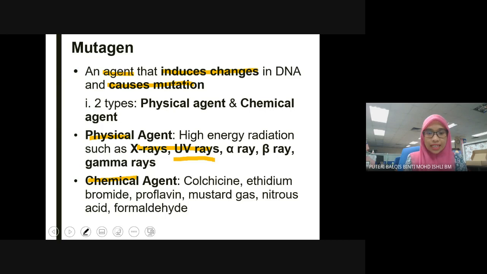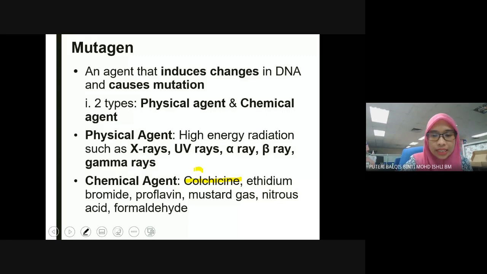That is physical agent. For chemical agent we have colchicine. Okay, yang biasa kita dengar adalah colchicine. Awak akan jumpa lagi colchicine dalam chromosomal mutation nanti. Colchicine, this is chemical agent that will inhibit spindle fiber formation.